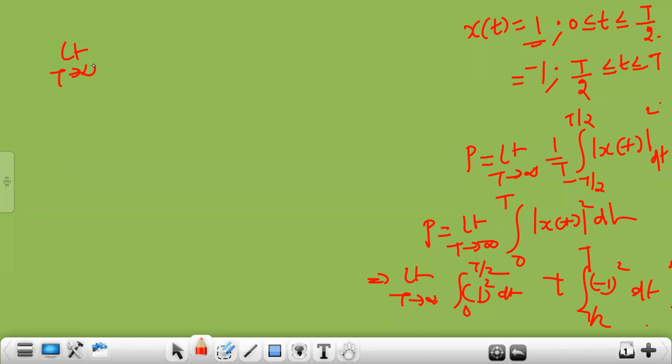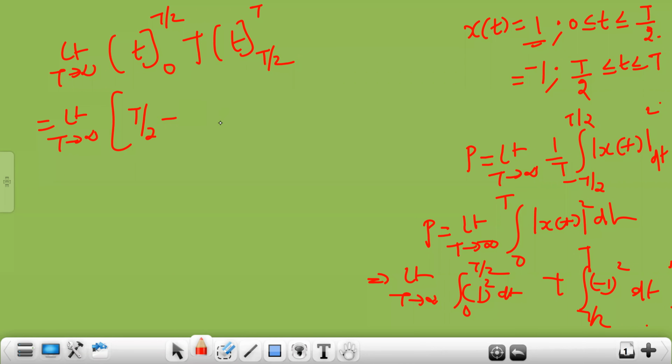Yes, integral of 1 dt is t. Upper limit is T by 2, lower limit is 0. Plus the second term is again minus 1 square is 1, 1 into dt is again t, but the limit will be T by 2 to T. Now apply the upper limit and lower limit. Upper limit is T by 2, lower limit is 0. Again upper limit is T, lower limit is T by 2.